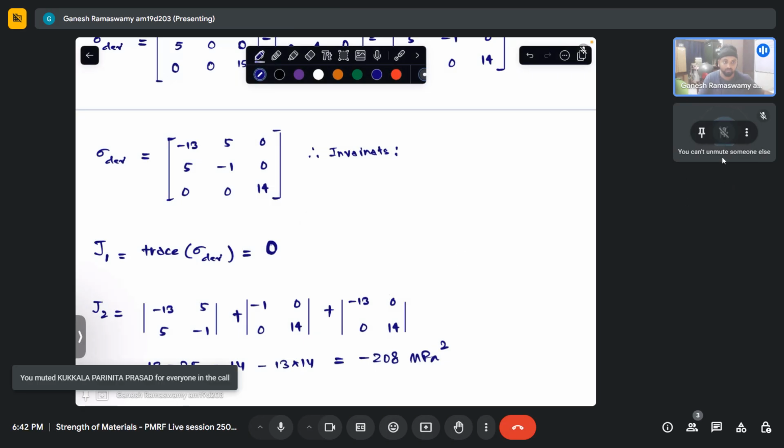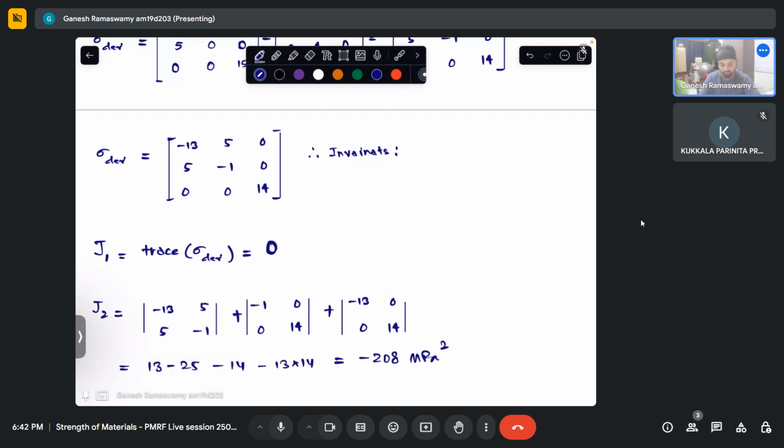Okay. So this is the determinant of this matrix. It is minus 13, 5, 0, 5, minus 1, 0, 0, 0, and 14.